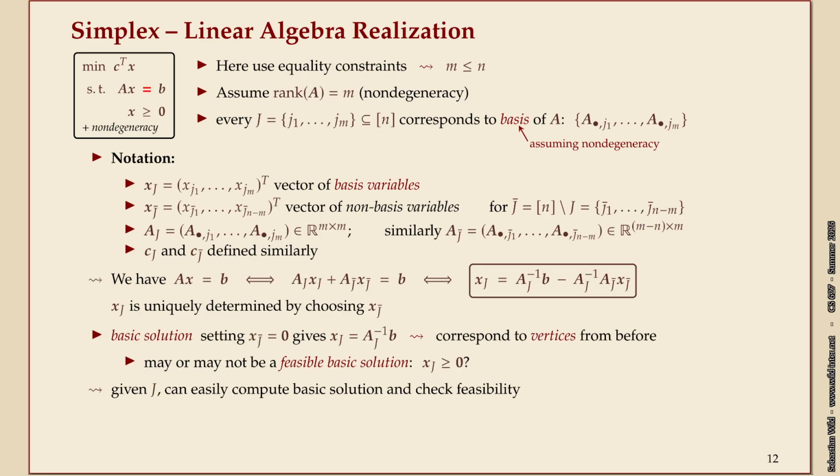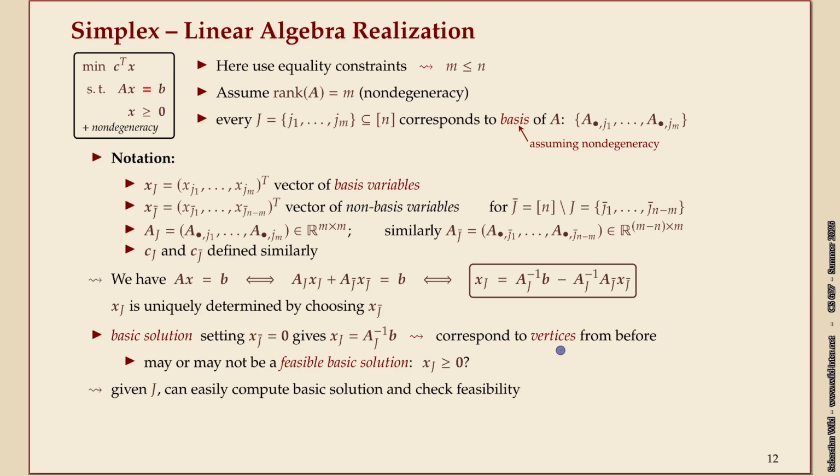Well, why is that useful? In particular, you can set all the other variables to 0, and then you get a relatively simple vector x that satisfies the equality constraints.